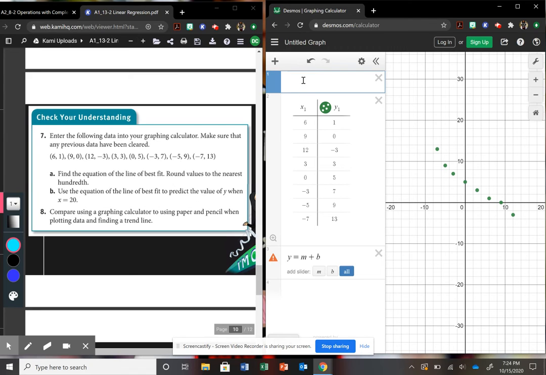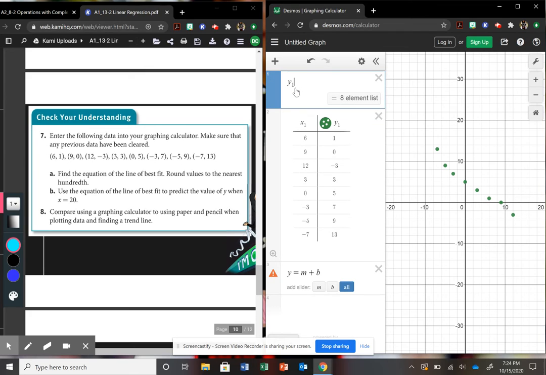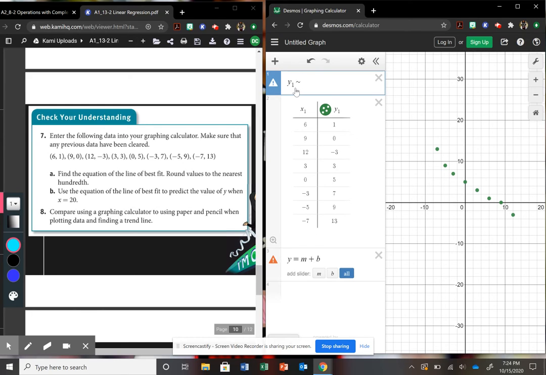Okay, so in order to find the line of best fit here, I'm going to use this slope intercept form. So y1, right? So I just press on my keyboard y and then 1. Okay. And then I hit shift and I put the tilde sign.